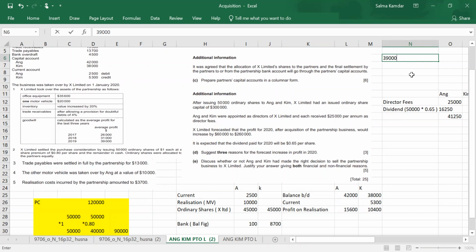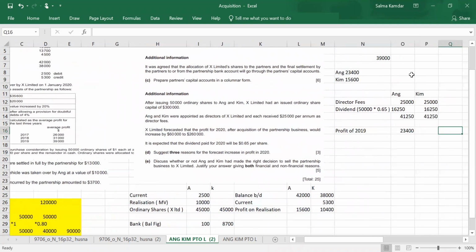So Ang's profit would be 23,400, and Kim's profit would be two parts of it, which comes to 15,600. Ang's profit of 2019 was 23,400 and Kim's profit of 2019 was 15,600.